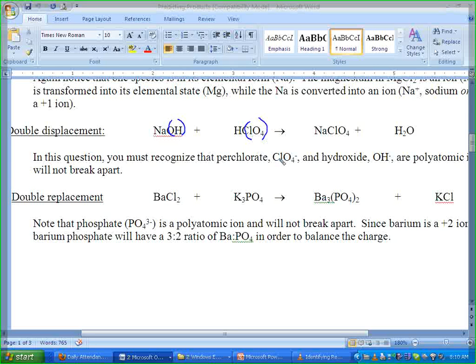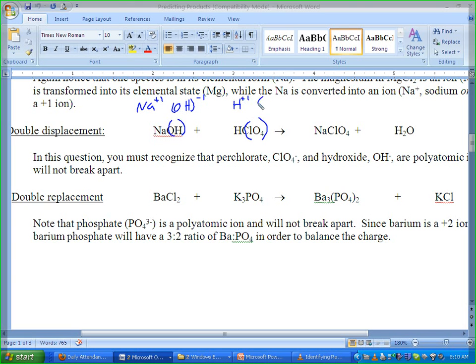Same thing with H. If H has a +1 charge, that means your ClO4 is going to have a -1 charge. What two are going to switch places? Because in a double replacement, they both switch. The Na and the H, the cations, are what switch places.